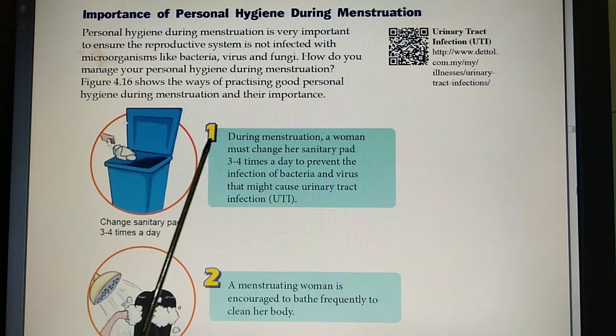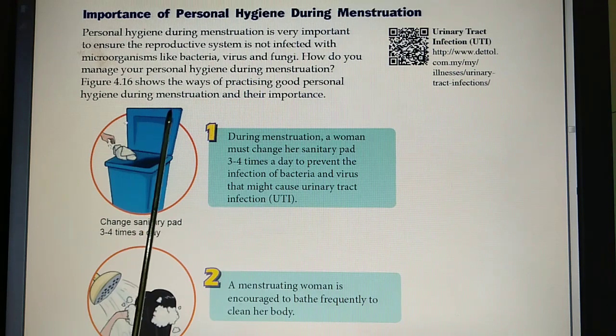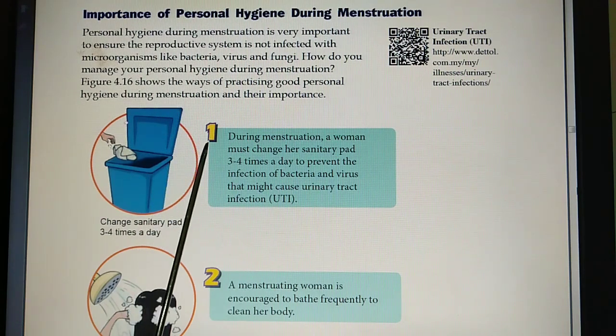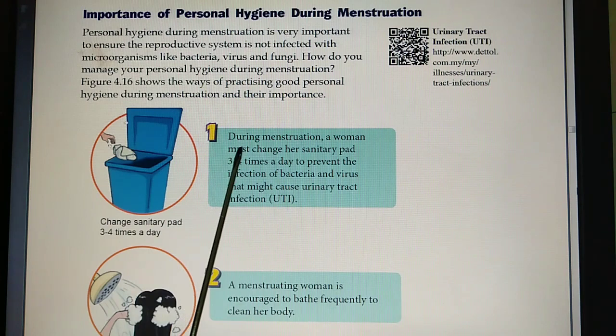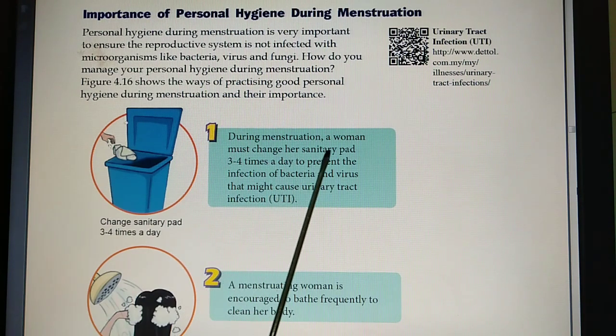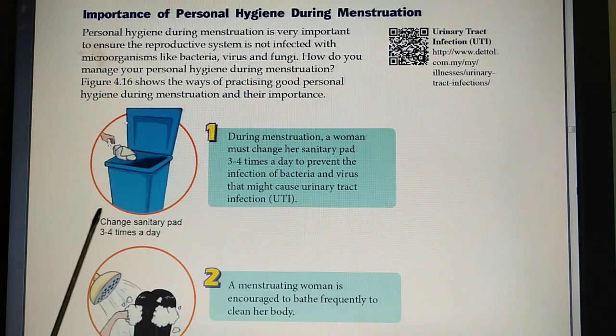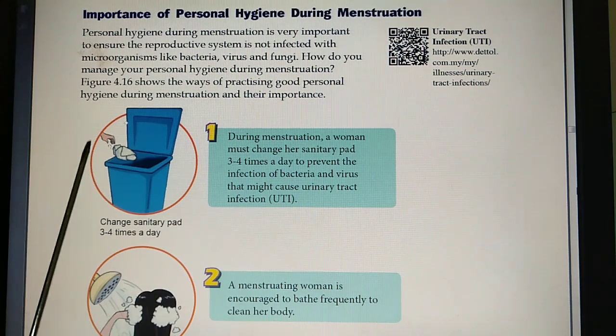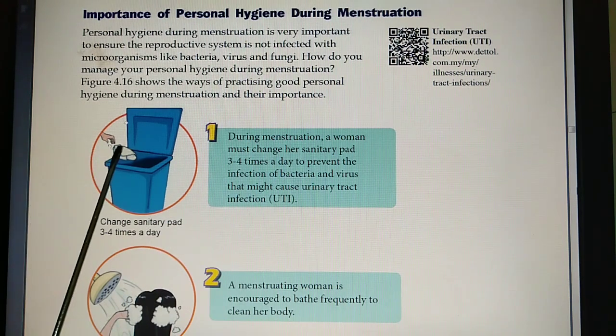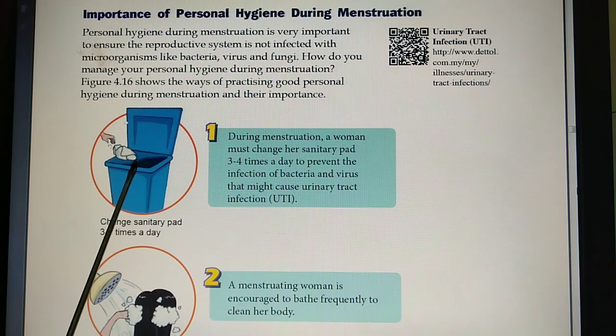So we can see from here what we should do during menstruation to take care of personal hygiene. The first is that a woman must change her sanitary pad 3 to 4 times a day to prevent infection by bacteria and viruses that might cause urinary tract infection. And the sanitary pad must be thrown into the correct dustbin.